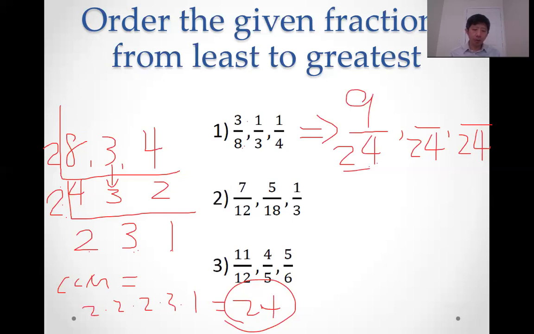Now what about this one? You make it 24 because you times 8. So 8 times 1 is equal to 8. Now what about this? You times how many to make it 24? You times 6, right? So 6 times 4 is 24. 6 times 1 is 6, right?